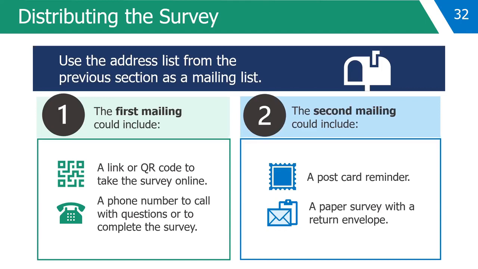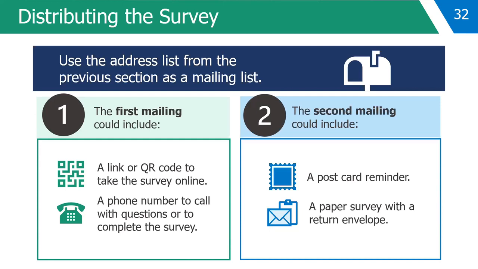You can also include a QR code, and you should also include a telephone number, not necessarily for people to take the survey over the phone, but in case they have any questions or they want to verify the legitimacy of the survey. One thing we found in our tests was that in rural communities, a lot of people use PO boxes.